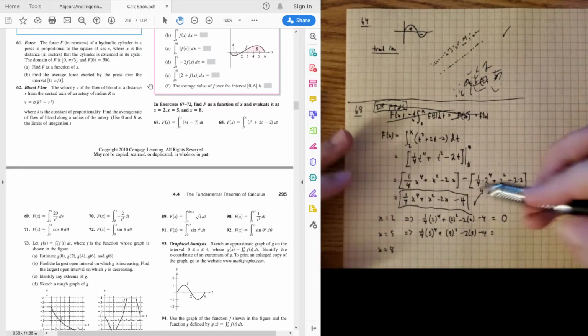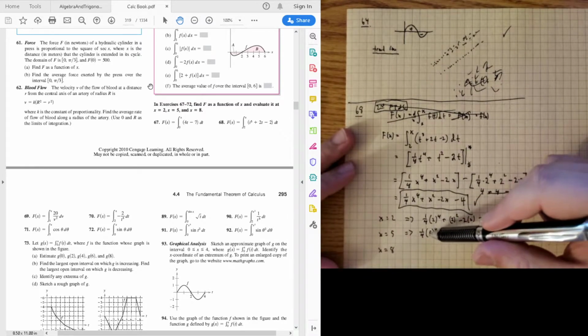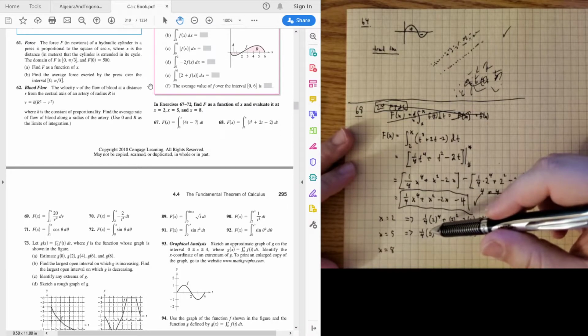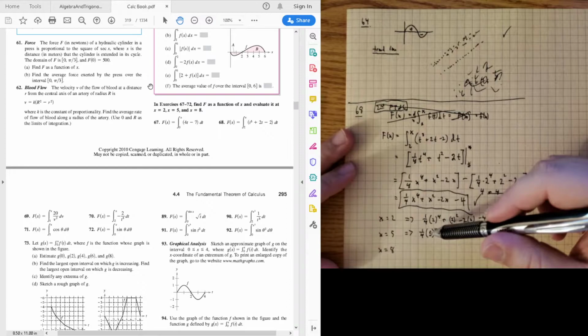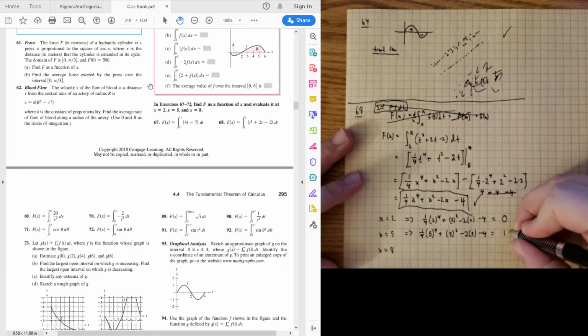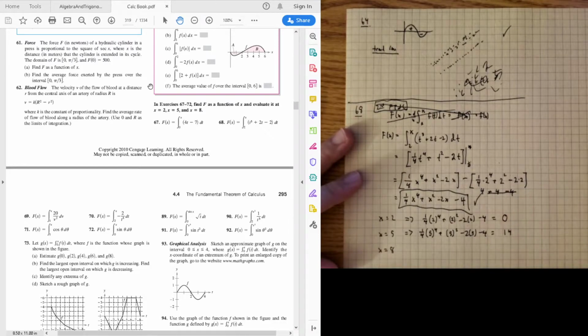This one I do not know right off the top of my head, so I'm going to do it. 5 to the 4th is 625 divided by 4. Better check that result.